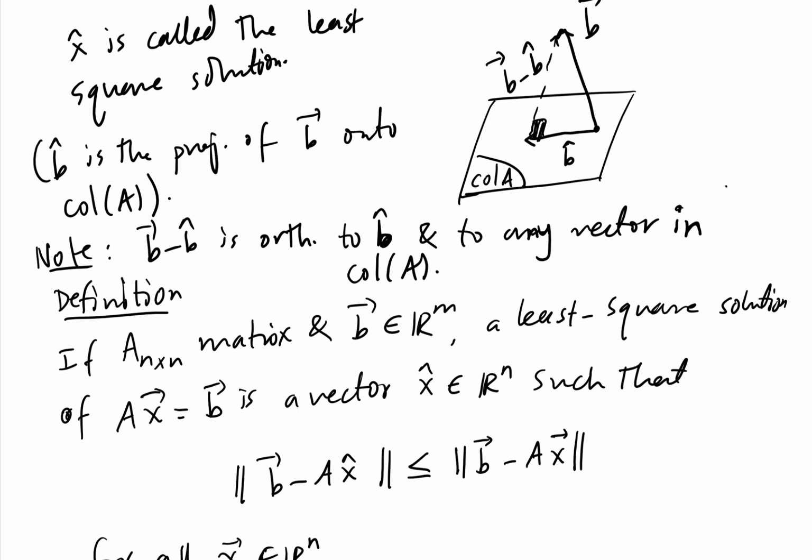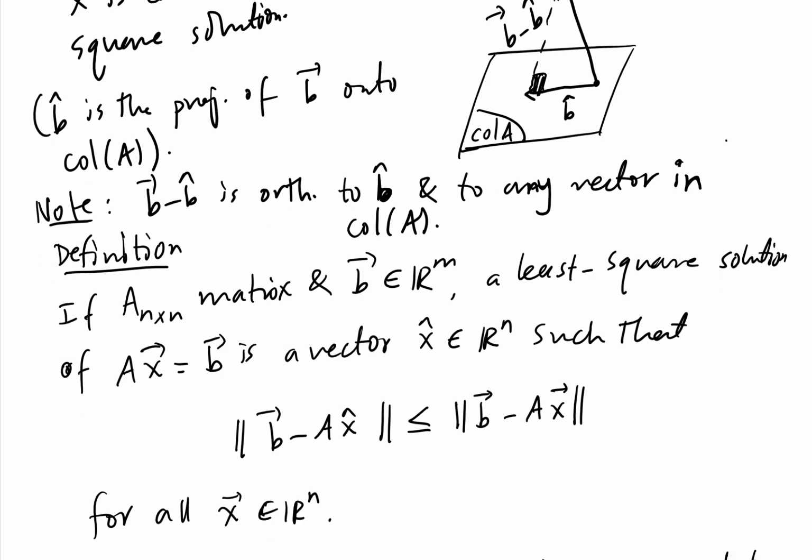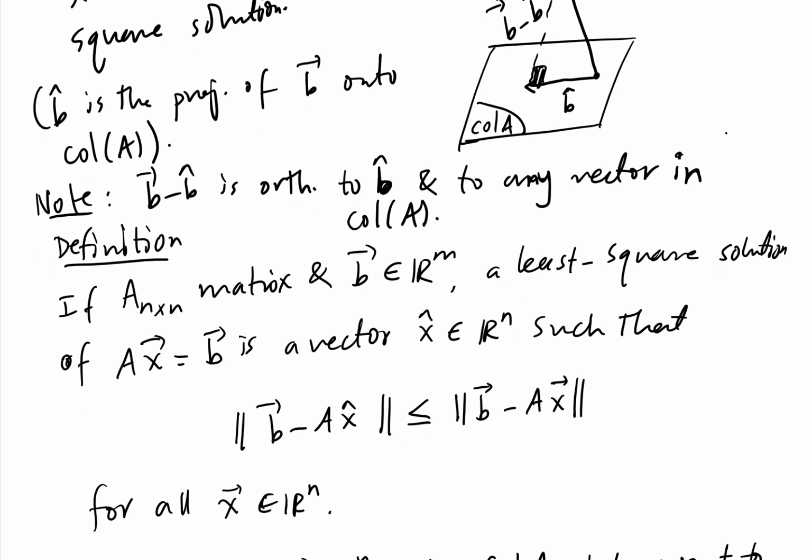So if you want to draw another diagram, this is the column space of A, and let's say that's vector b. If you project this down, this is going to be Ax hat.